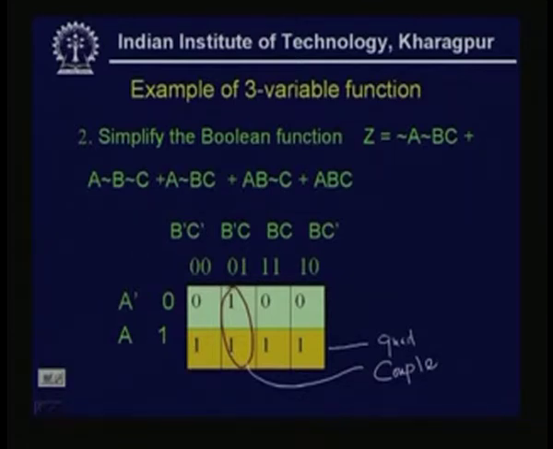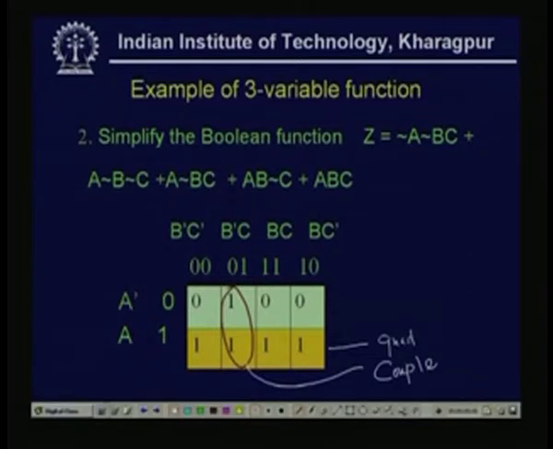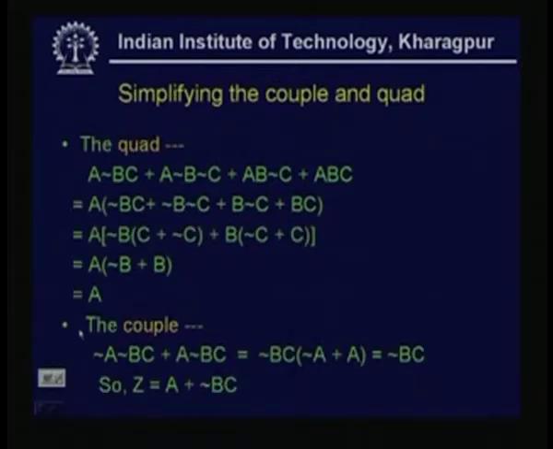Now, from the couple, because it is the second column, A bar and A will nullify. So, only the column, that means the min term B bar C, will be the term for the couple. Now, we see if we reduce that, whether it comes or not.